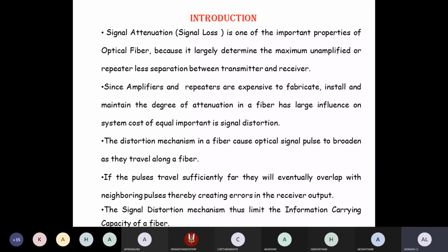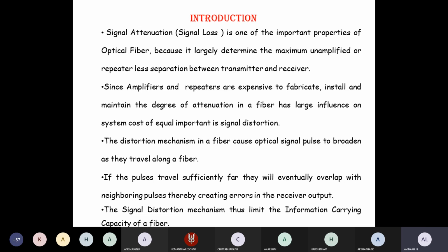Because the signals are traveling to a larger distance, so there may be chances at one point or another they will overlap with another. So once that phenomenon of overlapping happens, at the receiver part it is very difficult to recognize which is our desired signal. So that is exactly the problem.